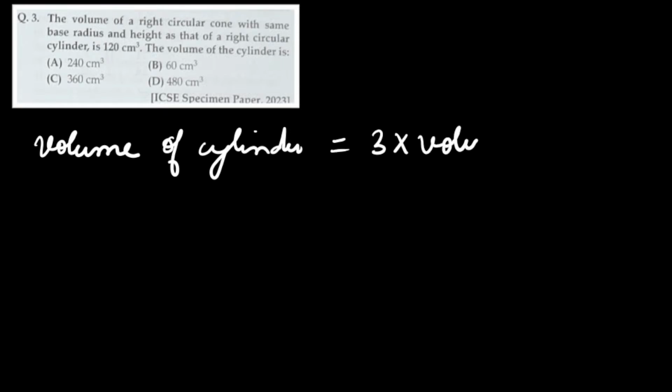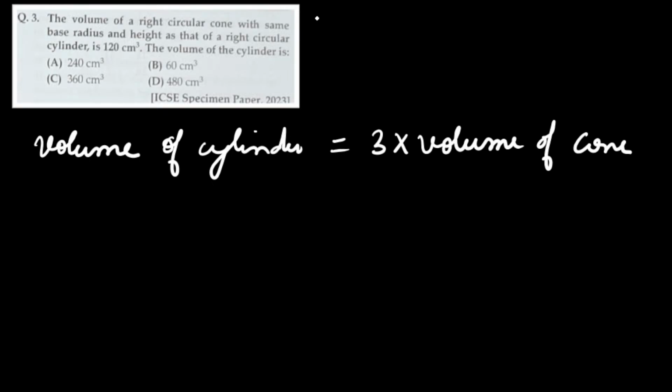I hope you already know also, because mensuration we have covered earlier, not long back. So volume of cylinder is equal to 3 times the volume of cone. This relation you can remember.